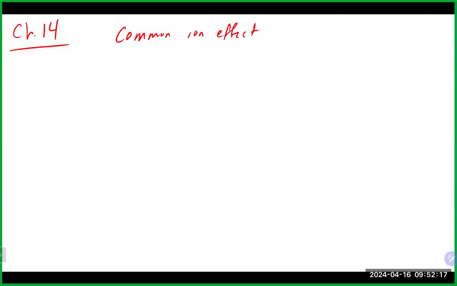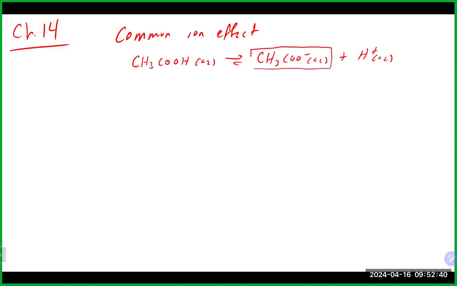Essentially the idea here is if you have a weak acid or a weak base, it will normally dissociate into its ions a little bit. And if you do have some type of common ion, like we talked about with this one here, if we dumped a little sodium acetate in there, this is going to be a source of sodium ions and acetate ions.